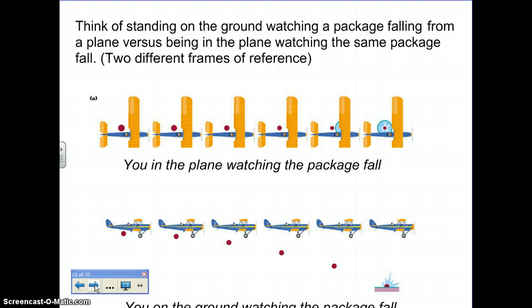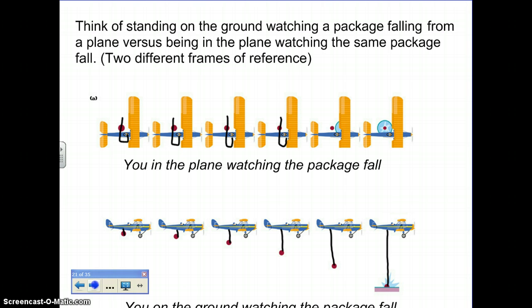So this plane is dropping a package, and as the package falls, it looks like the package is always in the same position relative to the pilot, right? Check this out. It's the same distance between them each time. So when you are watching the package fall, see how the displacement is getting greater and greater, showing that this package is falling down.